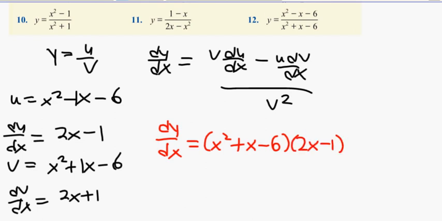The next one is u times dv/dx. I'm going to switch that around and put the dv/dx in front.